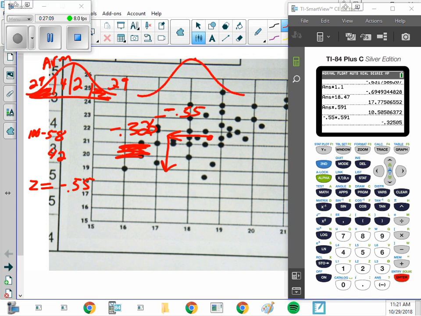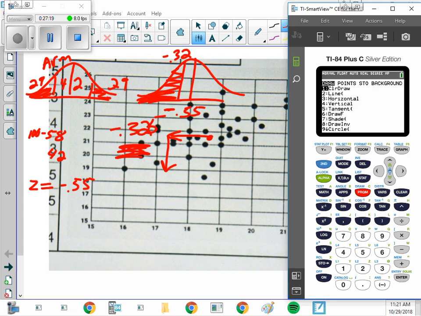I set up my leg measurement. Okay, and I know I'm going to be left of negative 0.32, and I'm going to shade this. So clear out my draws, and then do a shade norm. And this is a percentile shade norm, so I'm going to keep it at negative infinity to negative 0.32.